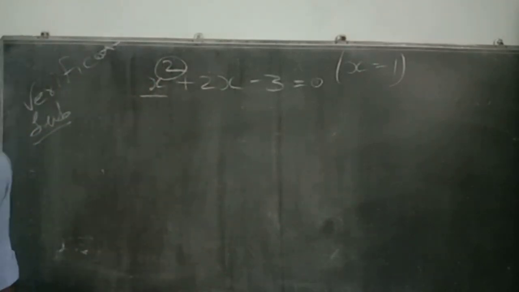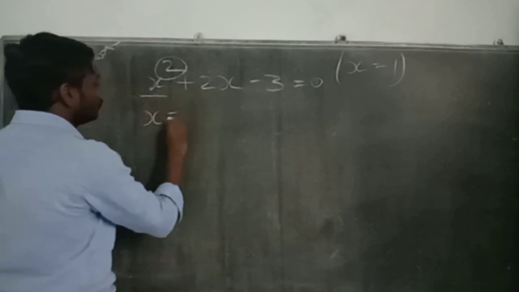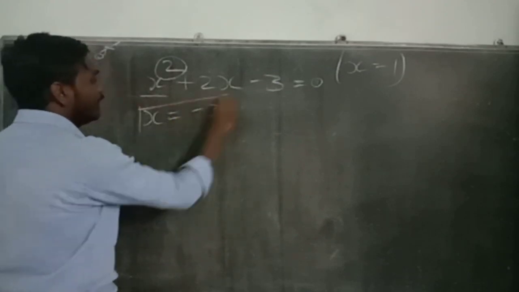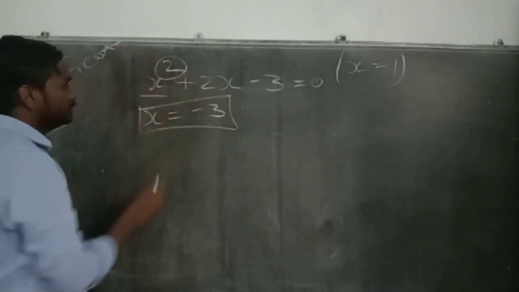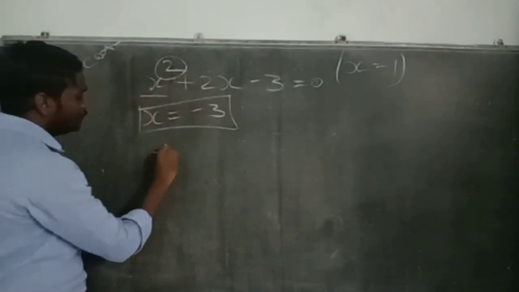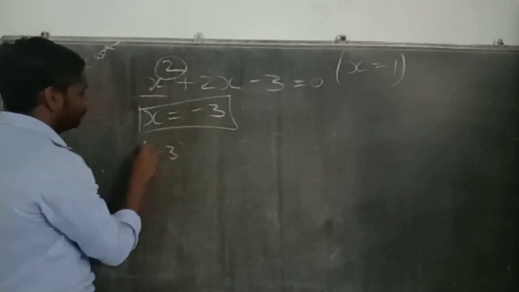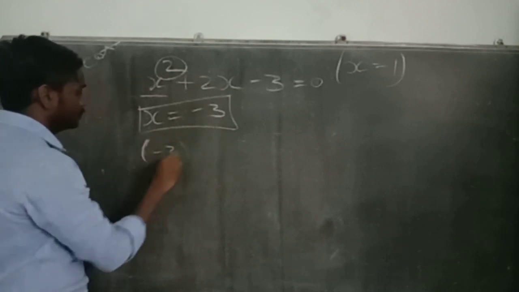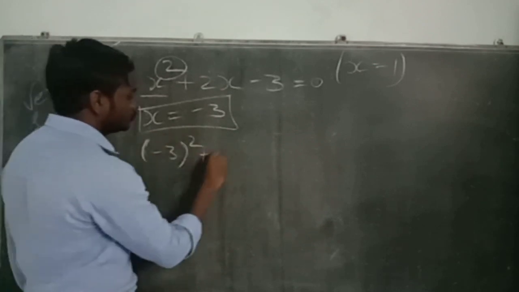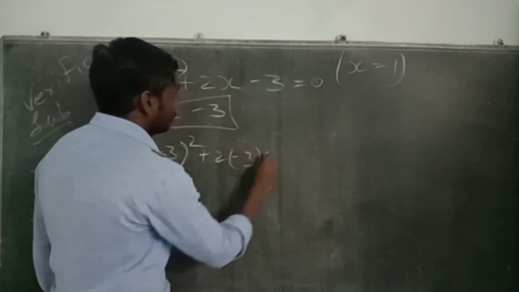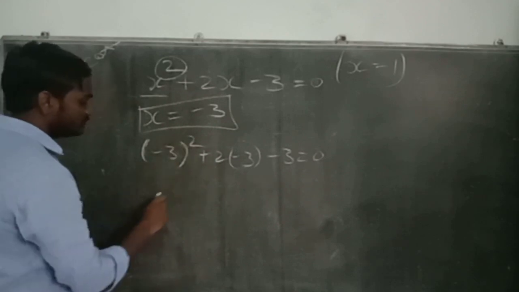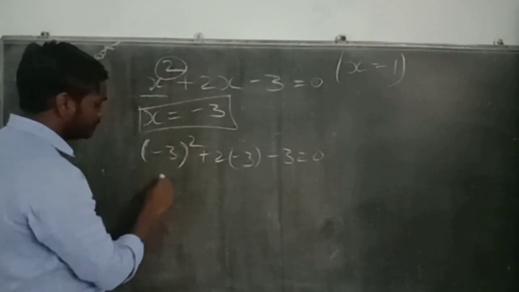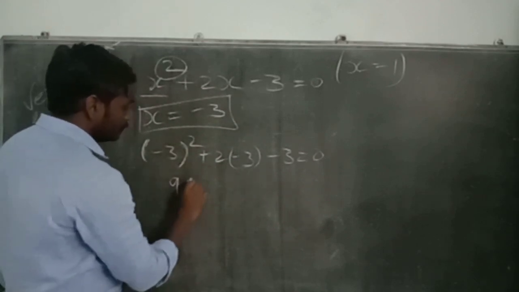Now let me go for x is equal to minus 3. I am checking the value of x is equal to minus 3. Substituting minus 3 here, as there is a square, minus 3 whole square plus 2 into minus 3 is equal to 0. Minus into minus is plus, so 3 square is 9.